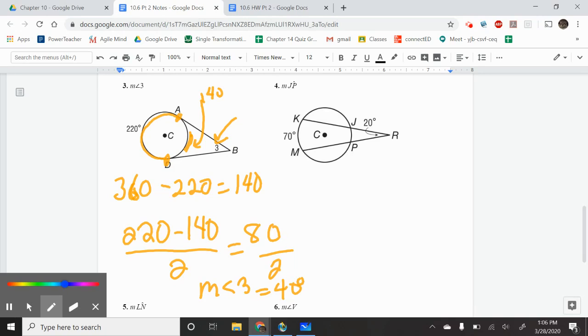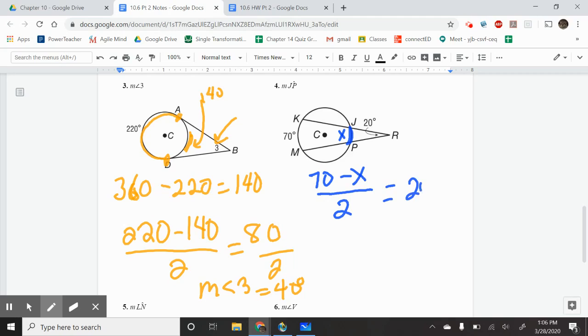I'm going to move on to the next one, number 4. This time they are asking you for the measure of arc JP. That's this right here. Okay, so this time we have 70, I'm going to call this x. 70 minus x divided by 2 has to give me 20 because that's the angle R. So in this case, what I'm going to do is multiply each side by 2 to remove that 2.